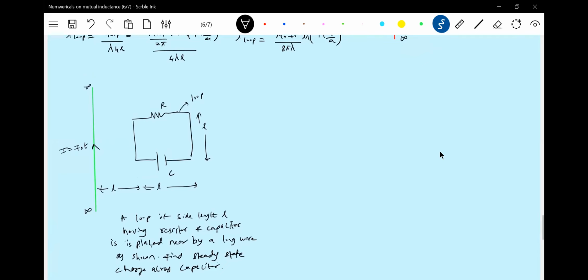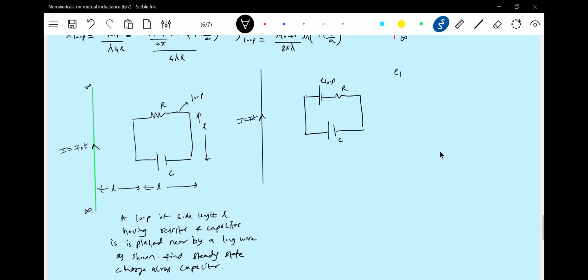First, we will go for the equivalent diagram. The equivalent diagram says there should be a cell. Can we go for the EMF induced across the cell? So there should be the cell, the resistance, and the capacitance. So from where have we brought this EMF?